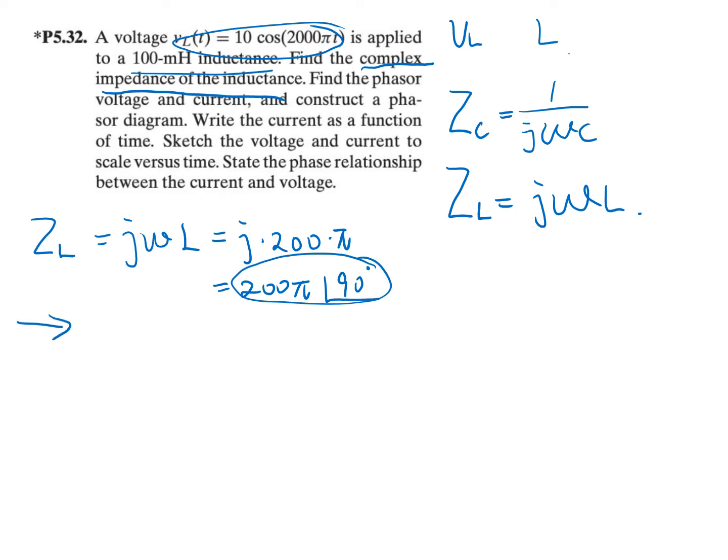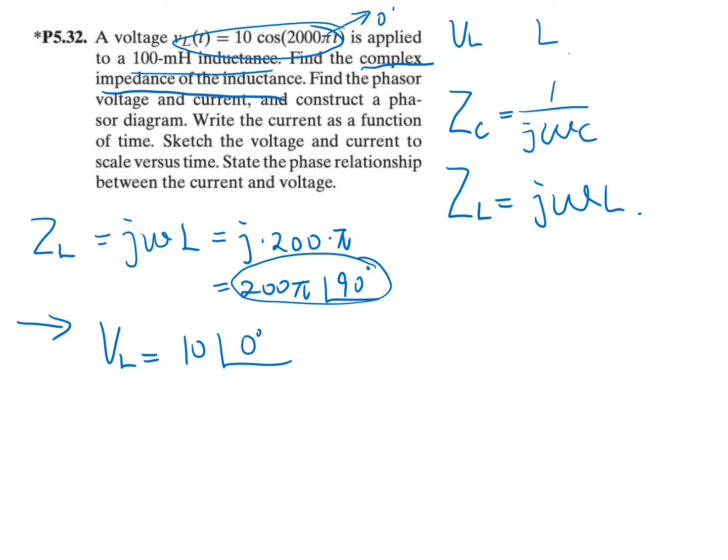Now let's find the voltage. The voltage is given to us in the time domain, but it's very easy because it's in cosine. In cosine, we can easily convert it to the phasor domain. The amplitude is 10 and the phase is 0, so that's 10 angle of 0 degrees.